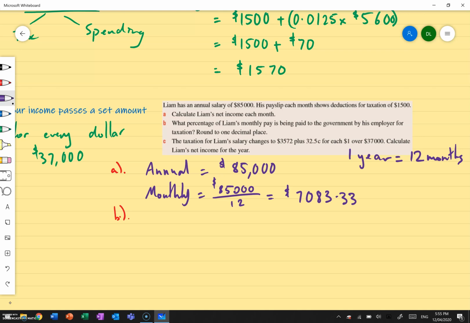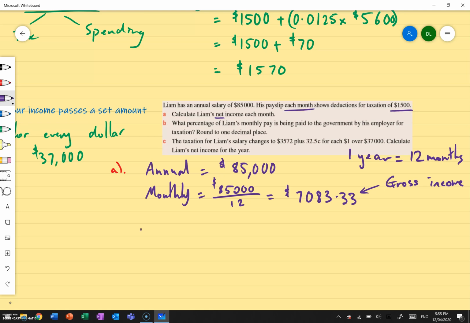Now, we need to calculate his net income. So the question specifically asks, what is the net income? This is gross income, because that's before we've paid tax or anything like that. So we need to look at his taxations. The taxations show $1,500 every month. So we take it away.